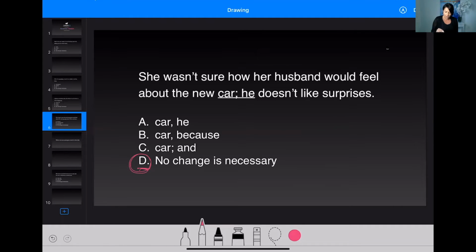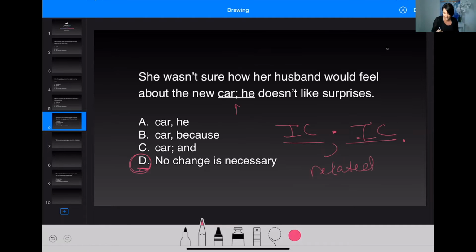Now, D is correct because we have a semicolon here. A semicolon can separate two independent clauses. That means you can have a sentence on one side and a sentence on the other, and just put a semicolon there and it will work. Now, both sentences, both independent clauses have to be related.